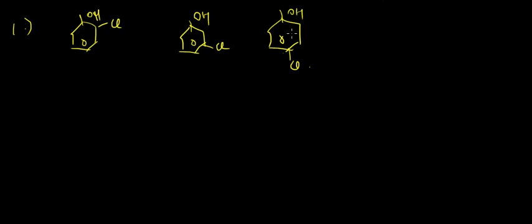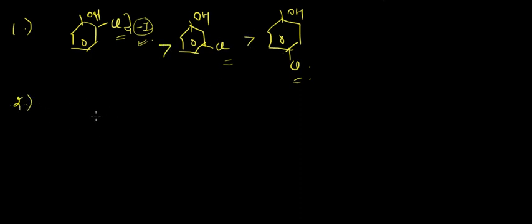The nearer the Cl group attaches itself relative to the OH or the O minus group, the more it will have its effect as a minus I. Okay, so in this the acid strength would be this.